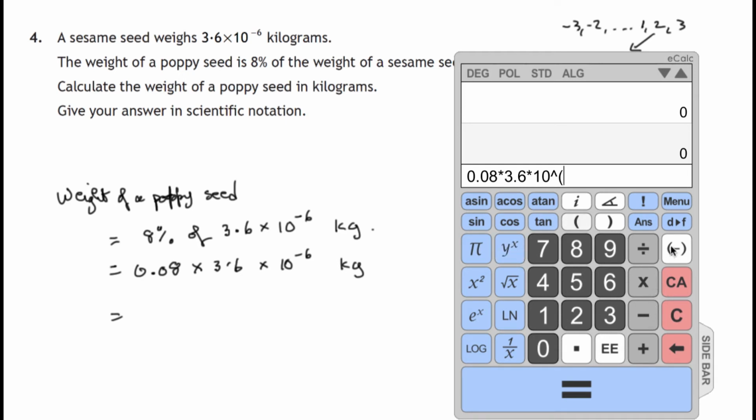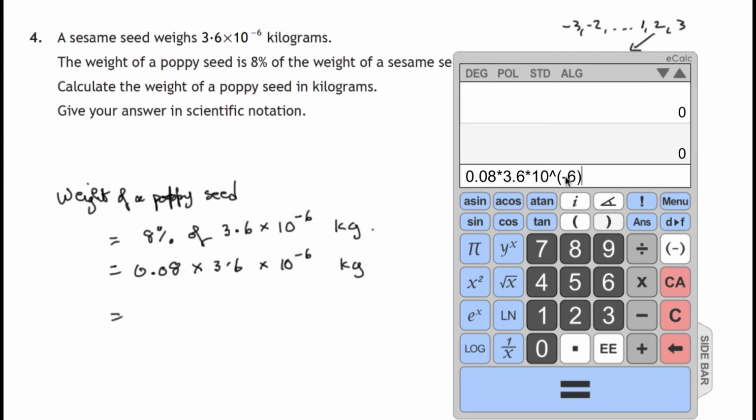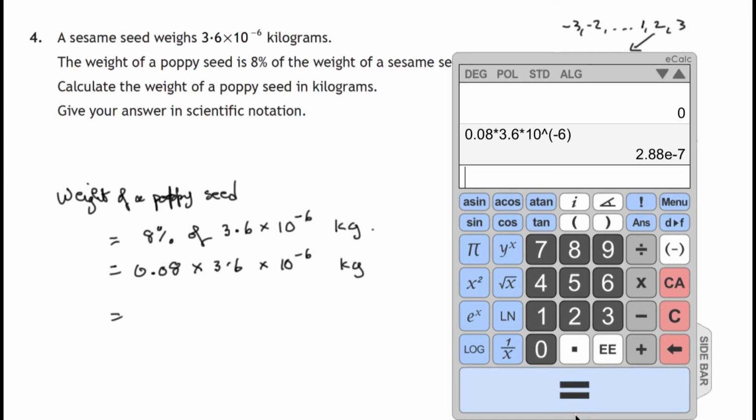So that's a -6, and I've put that in brackets. And that gives me, in scientific notation, 2.88 times, and this e to the -7 means times 10 to the power -7, and that'll be kilograms.